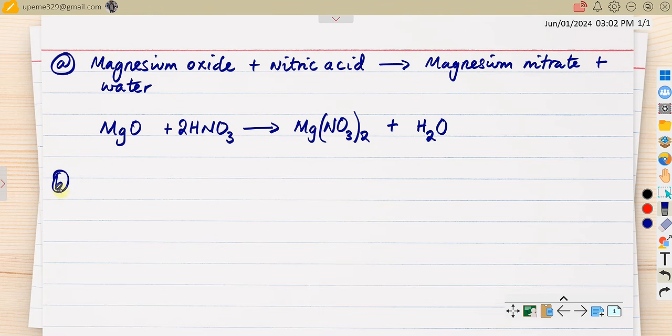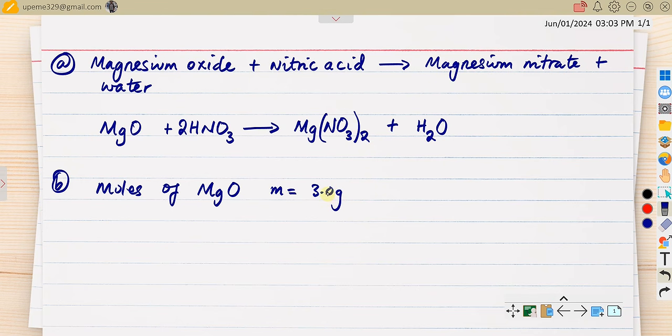Part 1, we are calculating what? Moles of magnesium oxide. Okay, so we are finding moles of magnesium oxide given that we have the mass of magnesium oxide, which we are given, which is 3.0 grams.